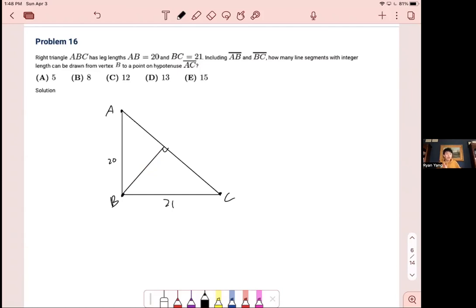So what we really care about is the bounds, like what's the lowest possible length of the line segment, and what's the highest possible length, and then all integer lengths in between we can just hit as we go. So we denote this point as D, and it is of great importance to us to find BD.